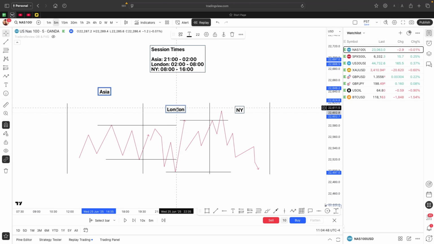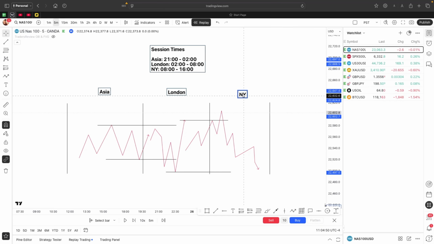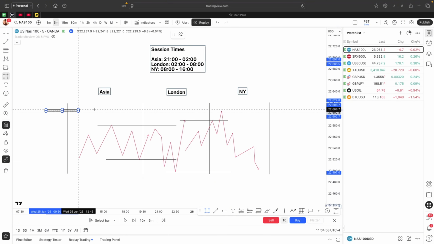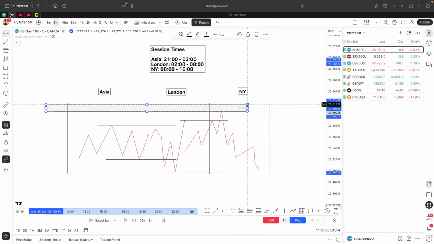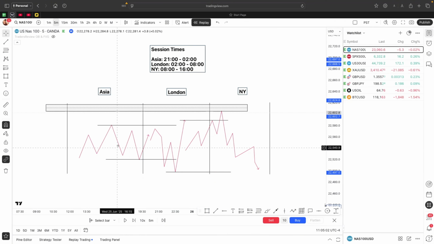Now, what we also wait for is when we enter some sort of order block. So let's say, for example, the order block is from the previous day, for example, right over here. Price hasn't tapped into this order block. We got the liquidity sweep in New York, for example.